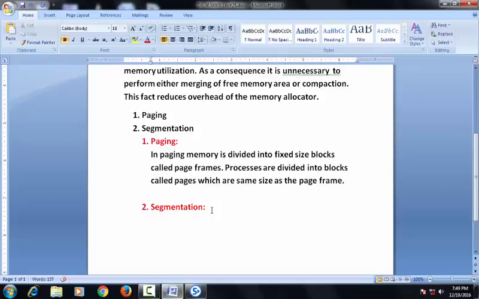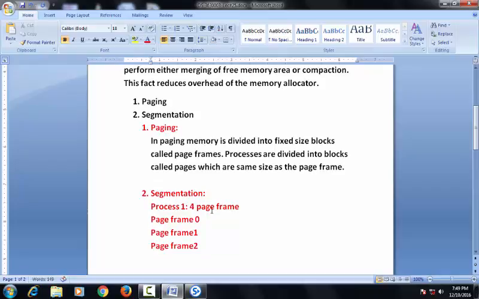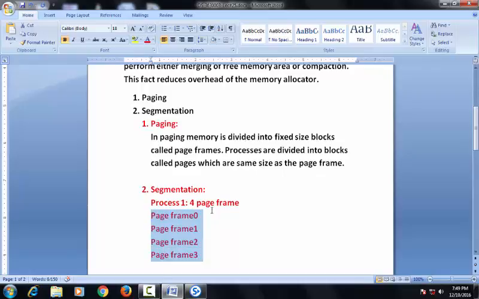Suppose process 1 is divided into four different page frames: page frame number 0, page frame number 1, page frame number 2, and page frame number 3. This is the concept of paging, where a process is divided into fixed size memory blocks.